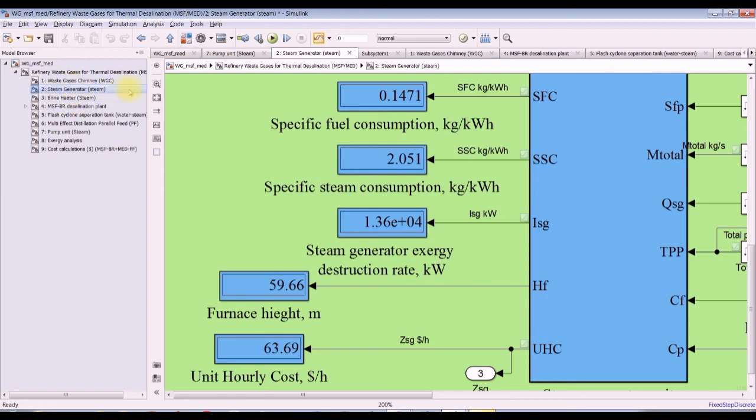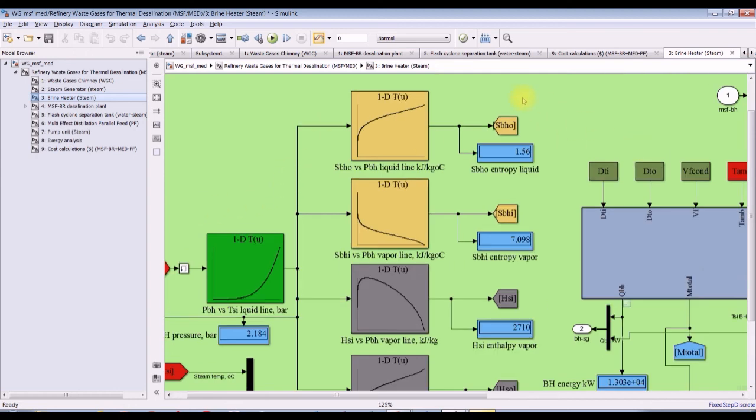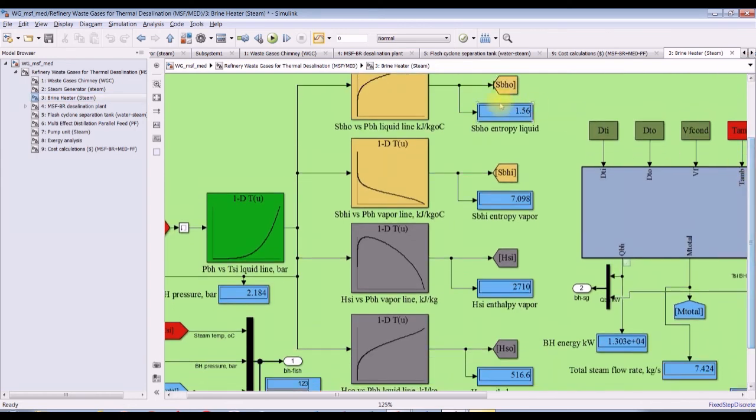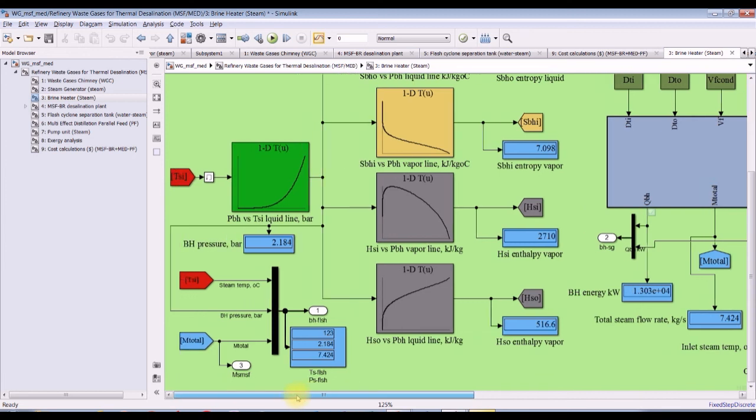Let's go for the brine heater unit. For the brine heater we can draw out entropy, enthalpies, and so on. Therefore, we have the pressure in the brine heater, top steam.